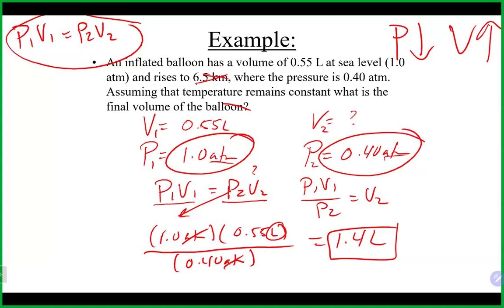Opposite. And we started at 0.55 liters. We ended at 1.4. So it is going in the correct direction. And that's a good way you can check yourself sometimes, just to make sure maybe you didn't flop a number around and stuff like that. Obviously here, if you got less than what you started with in terms of the volume, you're not really going in the correct direction in terms of the relationship. Any questions on that there?